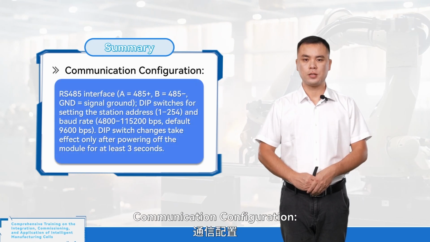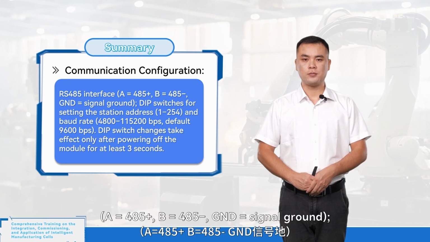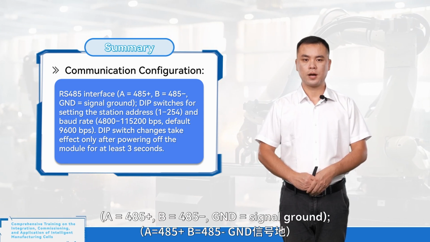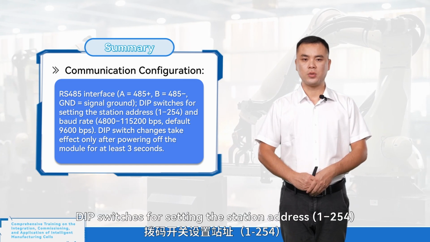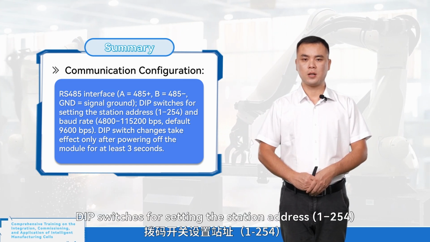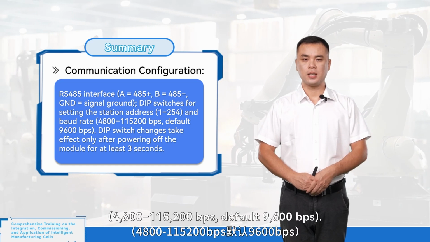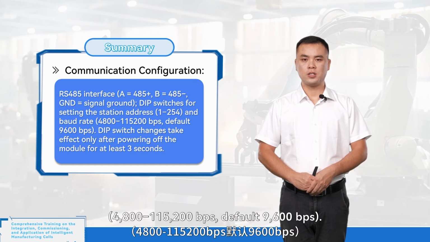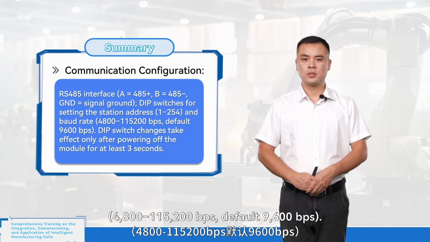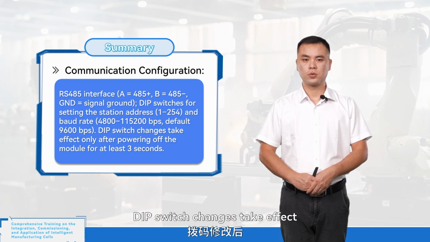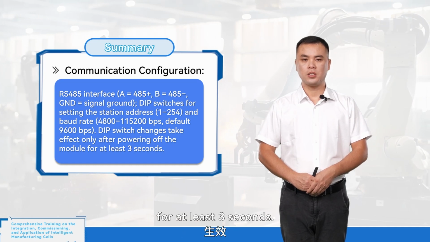Communication configuration: RS485 interface, A equals 485 plus, B equals 485 minus, G and D equals signal ground. DIP switches for setting the station address, 1 to 254, and baud rate, 4800 to 115,200 bits per second, default 9600 bits per second. DIP switch changes take effect only after powering off the module for at least 3 seconds.